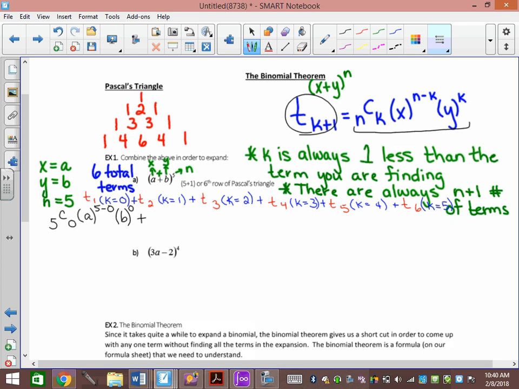Term 2 is going to look exactly the same, but what's going to change? All the zeros are going to become 1. In term 3, all the 1s are going to become 2s, etc. That's the only thing that changes, okay? So now we're going to get this equal to 5 choose 1, a to the 5 minus 1, b to the 1.